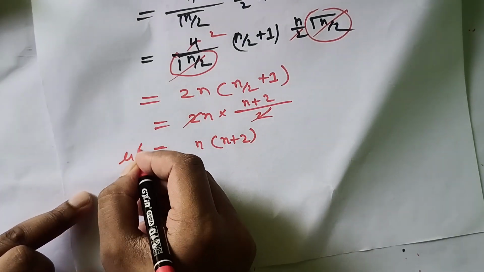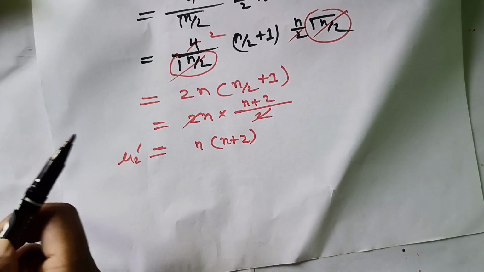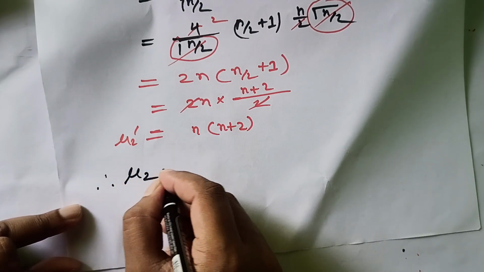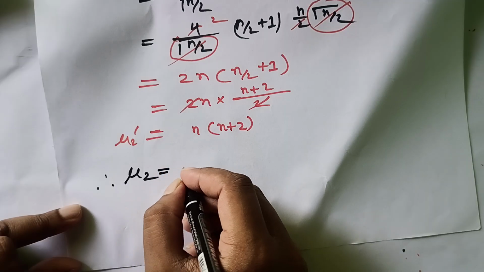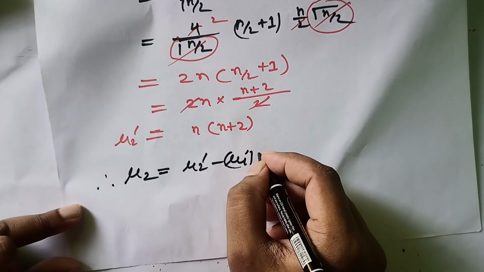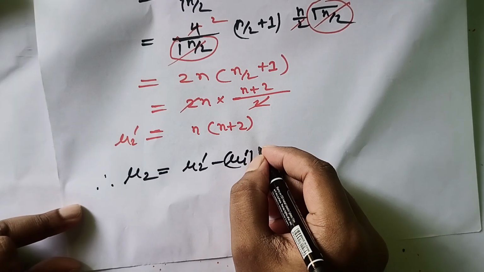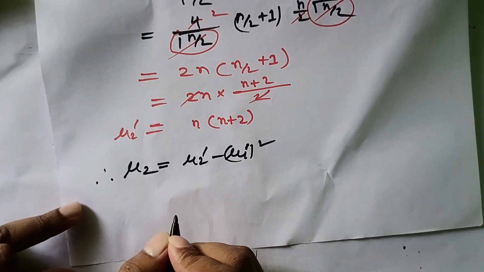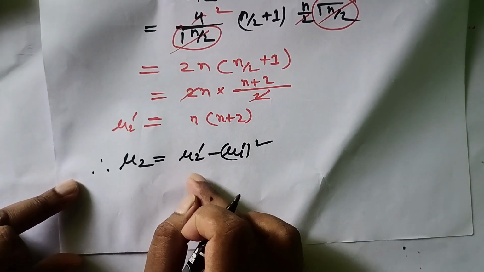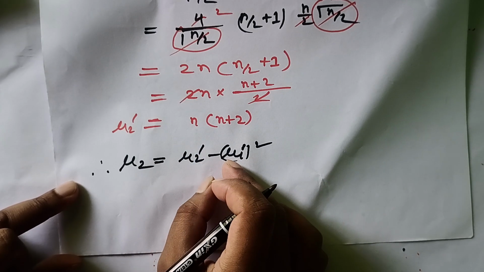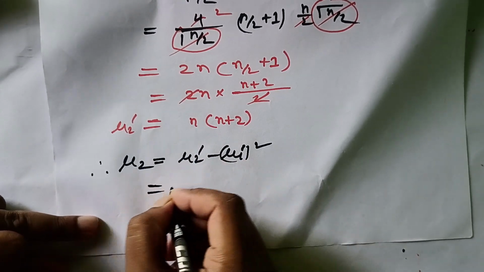This is mu2 prime. Now here is our main part, and it is mu2, which is the variance, mu2 prime minus mu1 prime squared. Okay, now put the values.